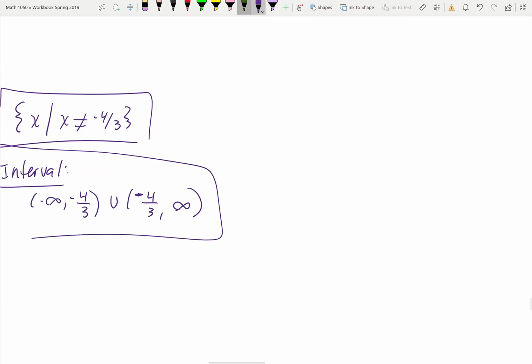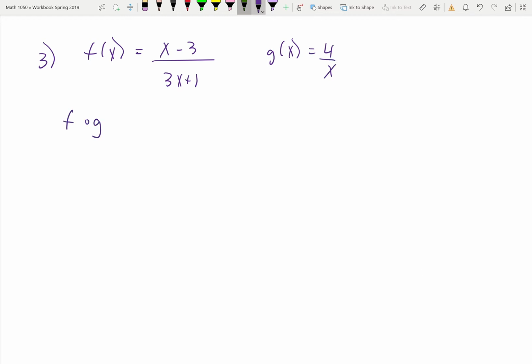Okay, we're going to do another one, just like that. Okay, different equations. So if f of x is x minus 3 over 3x plus 1, and g of x is 4 over x, find f of g. Oh, no. Okay, so this is how it's worded actually. f of g of x is 4 minus 3x over 12 plus x.